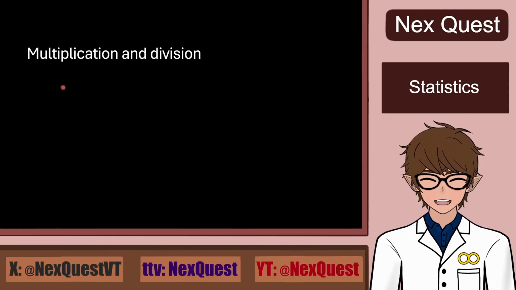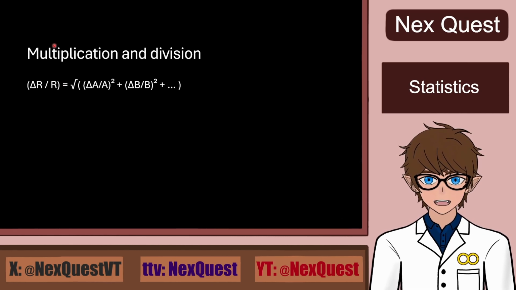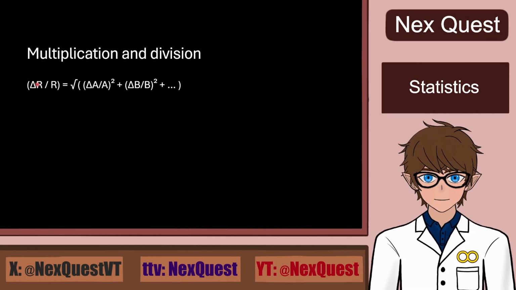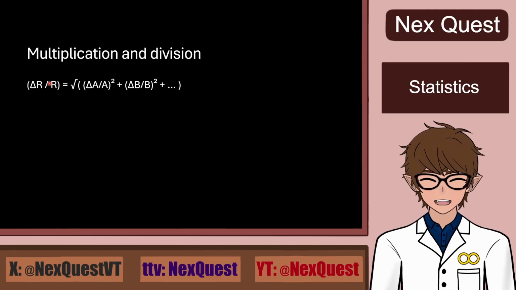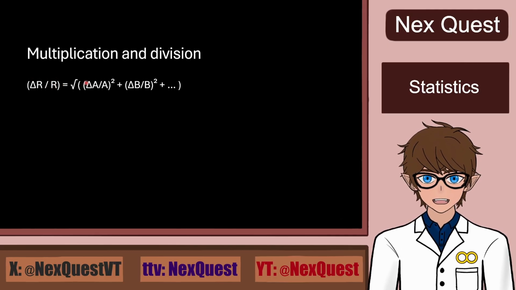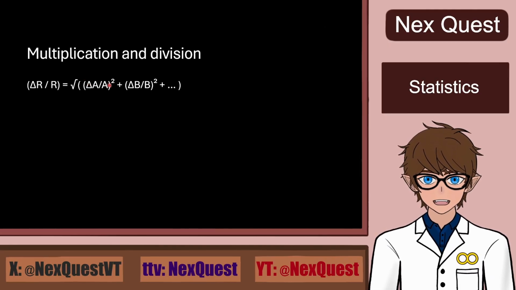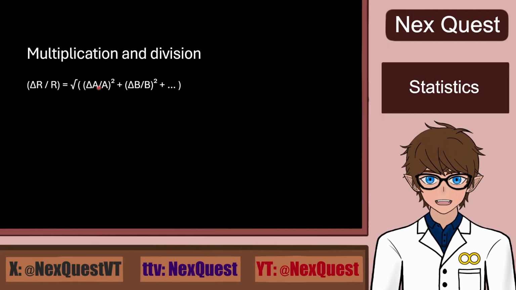So here is where our relative standard deviation comes in. The percentages allow us to just add them together, sort of. The ratio of the deviation to the result, so the plus minus part divided by the whole part, like 0.2 divided by 12.4, for instance, in the previous example, is equal to the square root of the sum of the squares of deviations to their respective values.